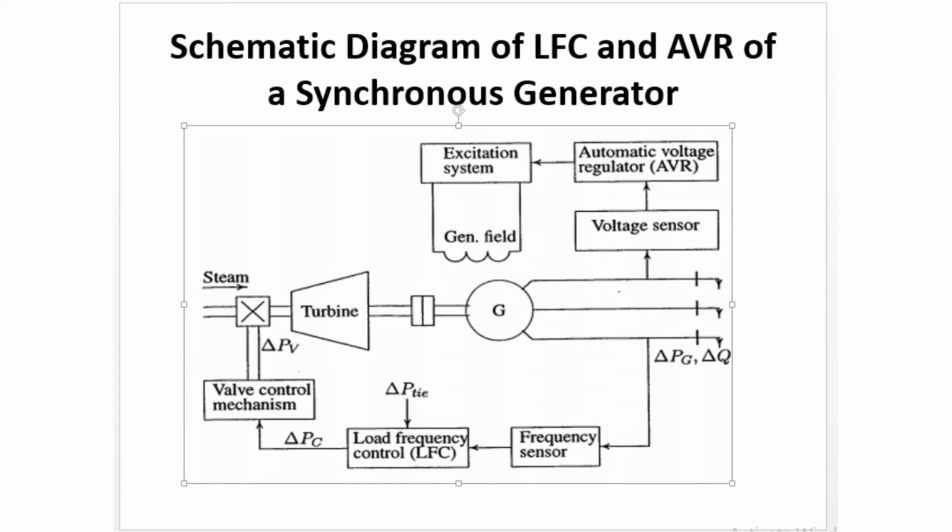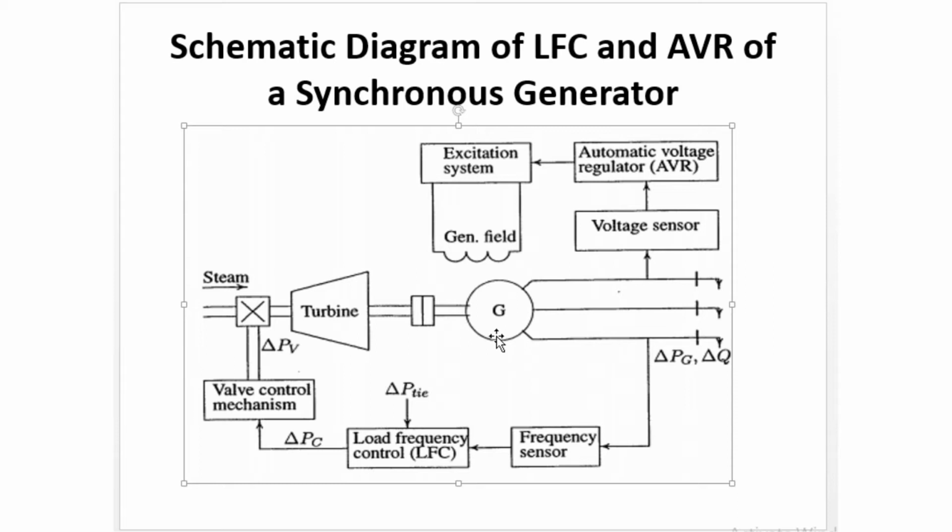So students, in an interconnected power system, LFC and AVR equipment are both installed on the generator. You can see here on the schematic diagram, and the controllers are set for a particular operating condition and take care of small changes in load demand to maintain the frequency and voltage magnitude within the specified limit.